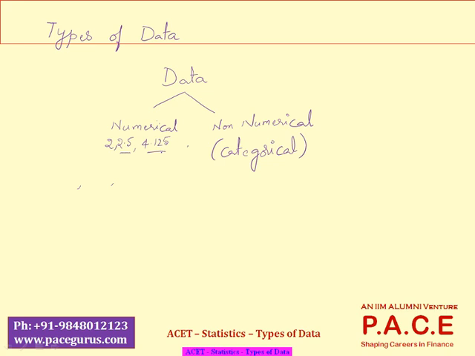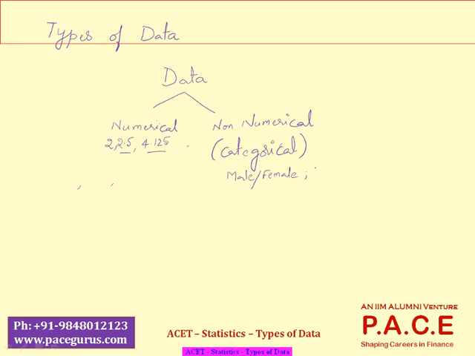Whereas any data which is required for analysis but is not numerical in nature, we classify it as categorical data. For example, the gender, male, female. There is no number associated with this data.